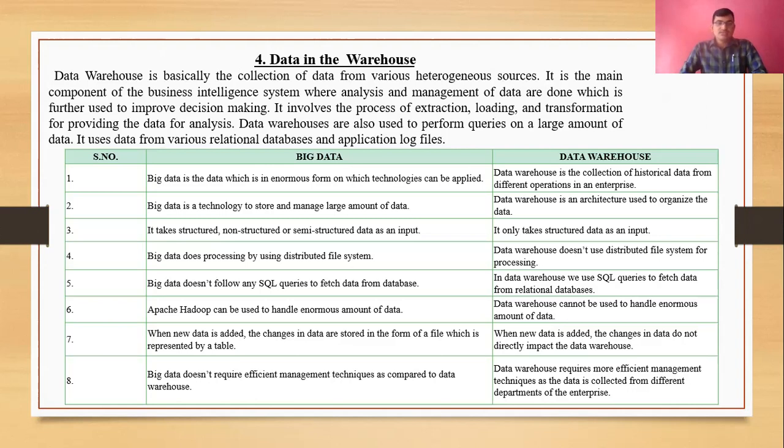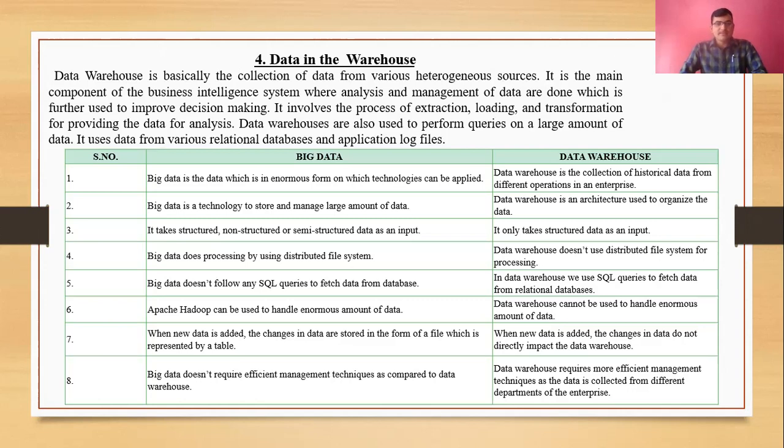In big data, when new data is added, the changes in data are stored in the form of a file which is represented by a table. But in a data warehouse, when new data is added, the changes in data do not directly impact the data warehouse.